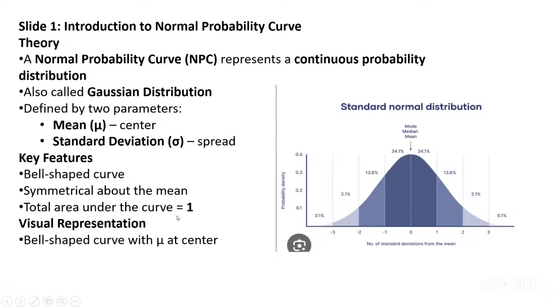In continuous distribution, just listen to these points. What we do is plot histograms, and after plotting the histograms, we plot the probability curve. Everyone has seen histograms, right?